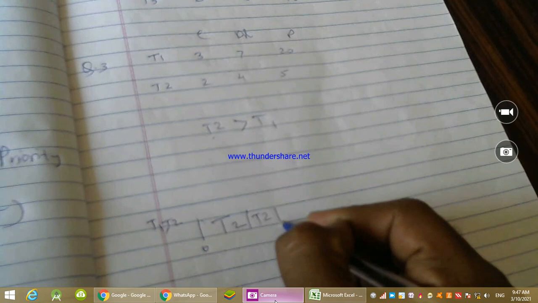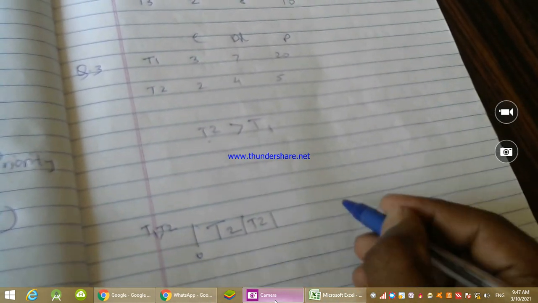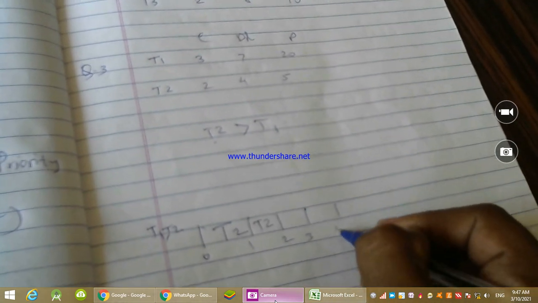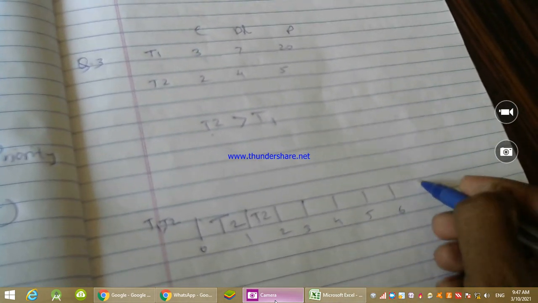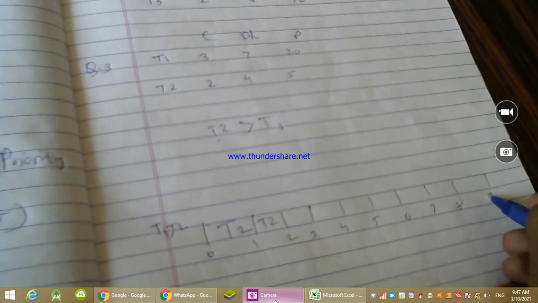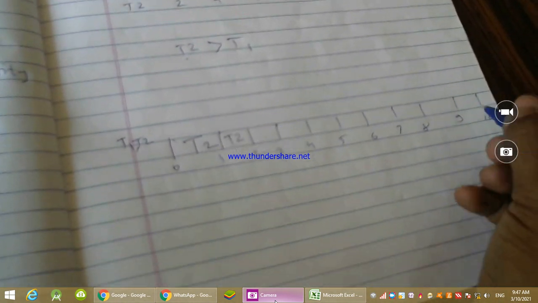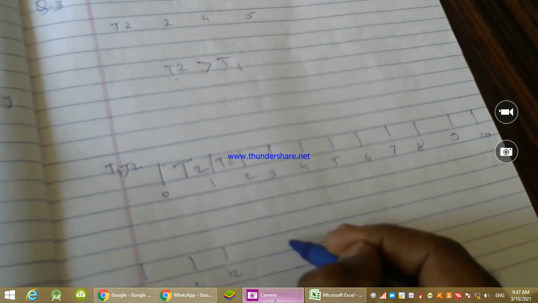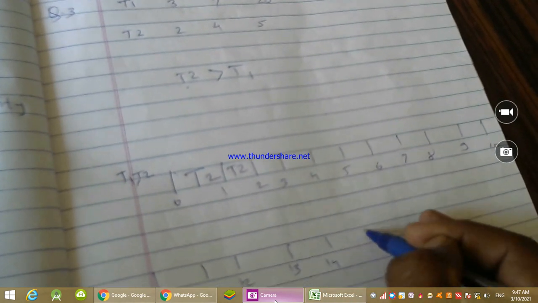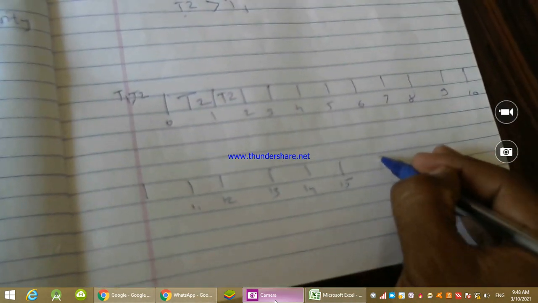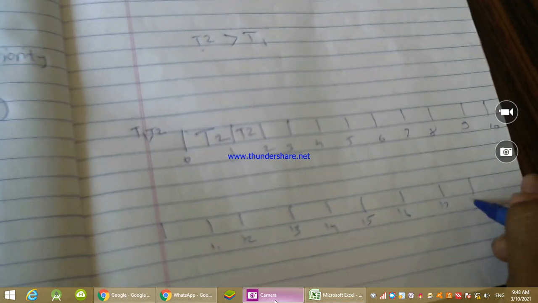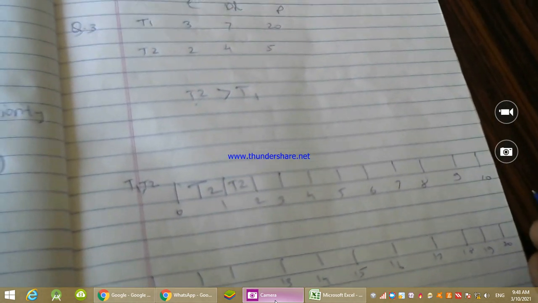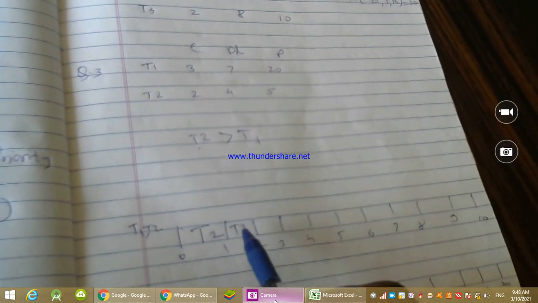I'm going to draw the timeline here: 1, 2, 3, 4, 5, 6, 7, 8, 9, 10, 11, 12, 13, 14, 15, 16, 17, 18, 19, 20, up to 20, with T1 and T2.